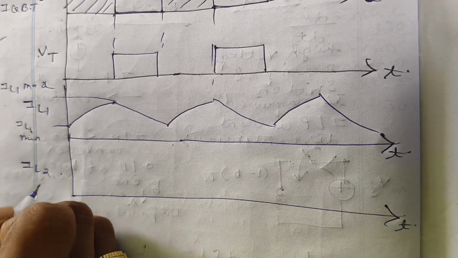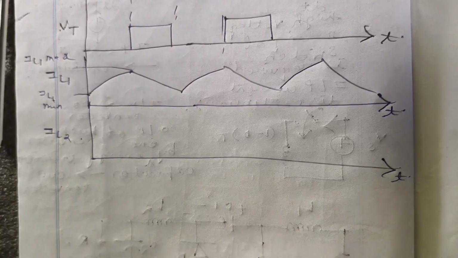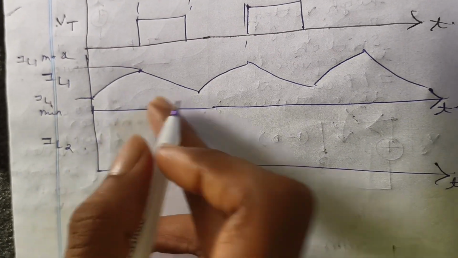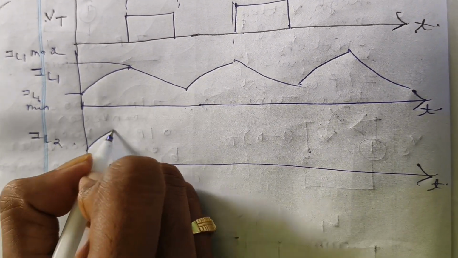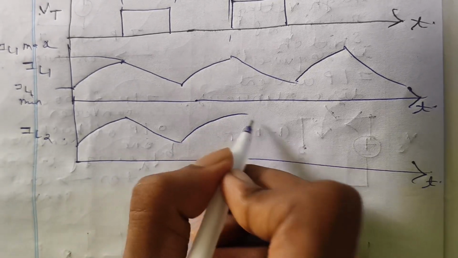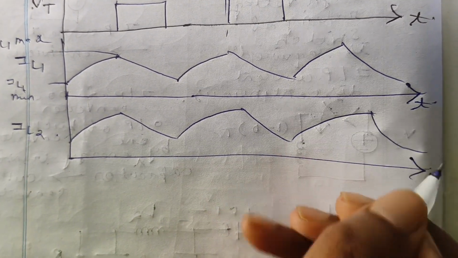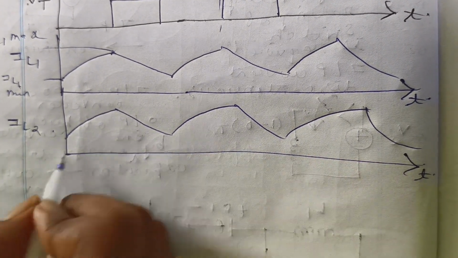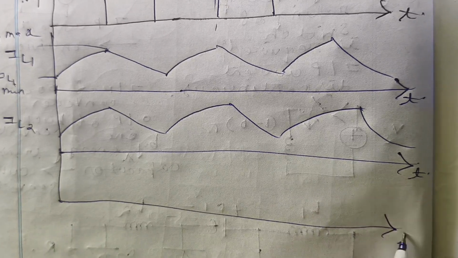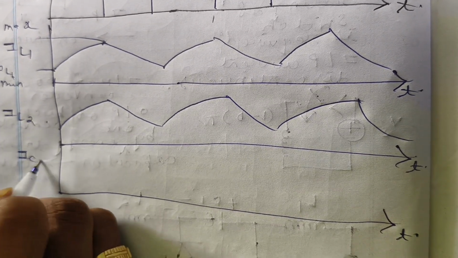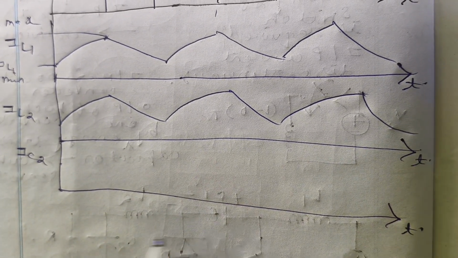Now for IL2, IL2 is also charging and discharging, the same kind of phenomenon: charging whenever on, discharging whenever off. Then we'll see the waveform of IC2, that is the capacitor current of C2.